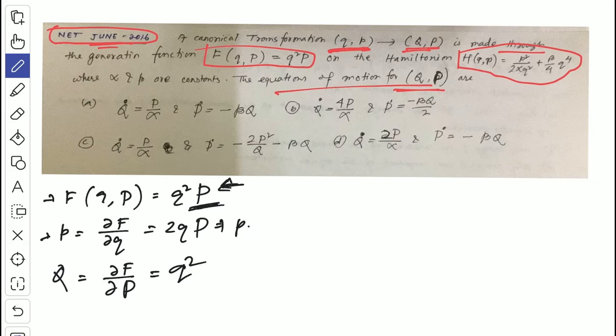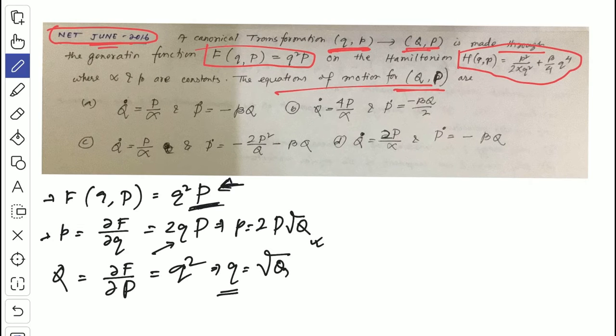From this, small p implies root 2 P Q, and small q implies root Q. Here we put this small q value in, so that's how we have got this. Don't be confused by that.